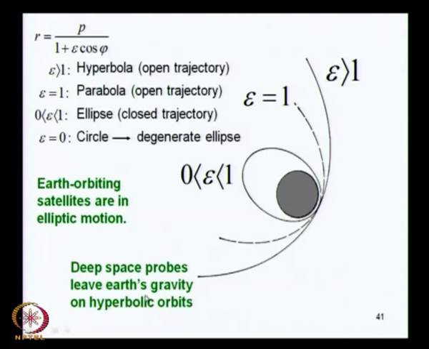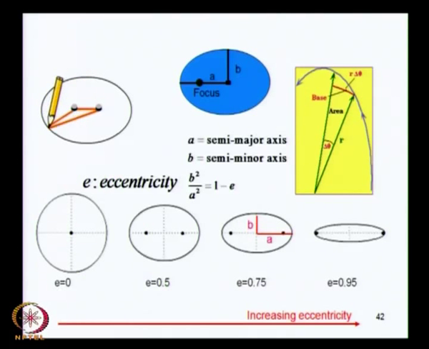So, this is what is called orbit shaping, and one really has to adjust these parameters to get whatever desired trajectories you have. And here you can see that these eccentricities can be easily adjusted by changing the ratio of the major axis to the minor axis, or vice versa, the minor axis to the major axis.